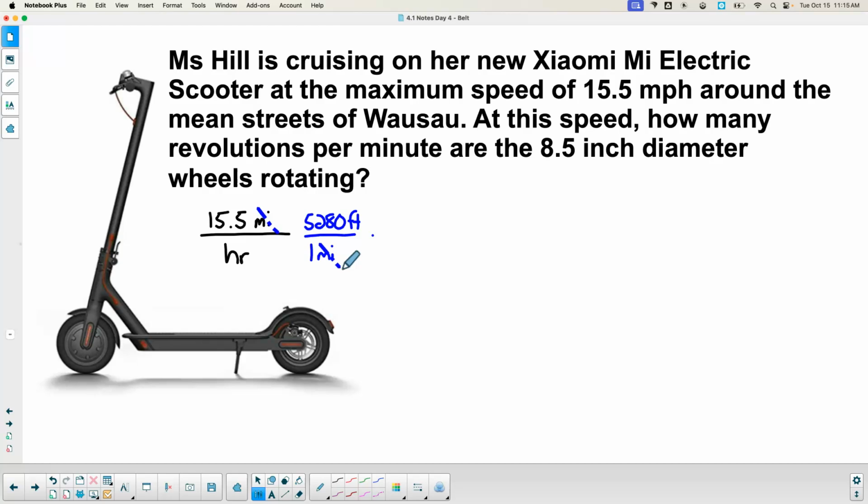Next. 12 inches over 1 foot. So now I'm in inches per hour. Diameter over inch.